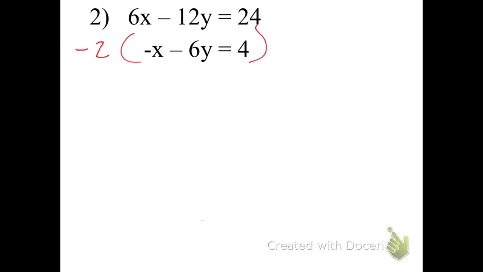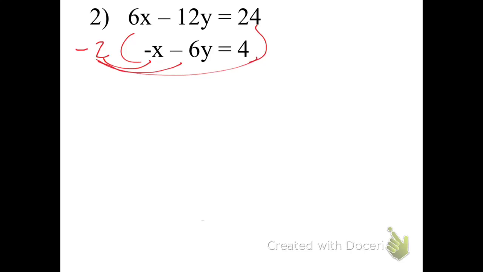So if I add those together, they're going to disappear. So for the justification, I would say it's elimination, because the y coefficients can easily match up. Okay, so I'm going to multiply the entire bottom by -2.